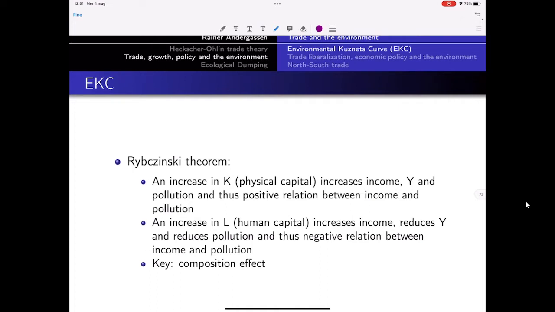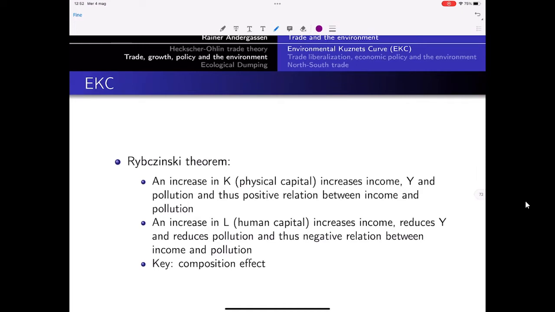This should explain the first stages of economic growth, which occur, and this is one explanation, through accumulation of physical capital and therefore production of more and more polluting goods.